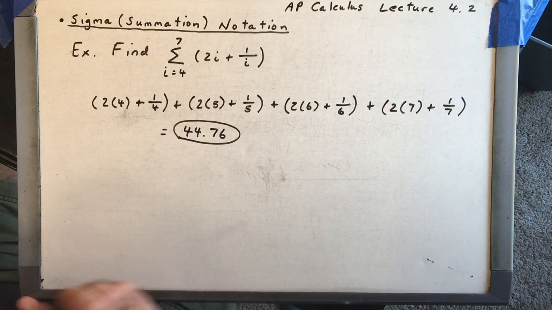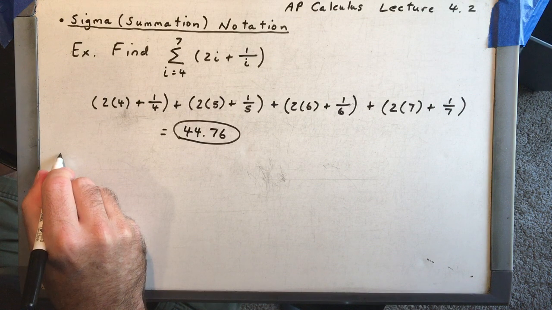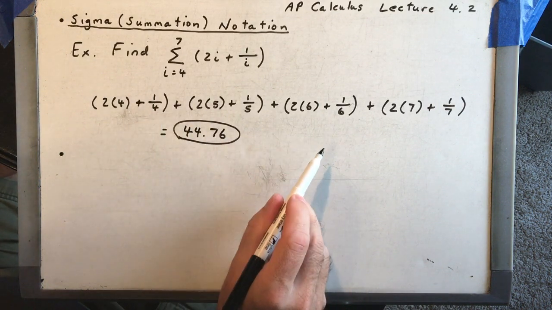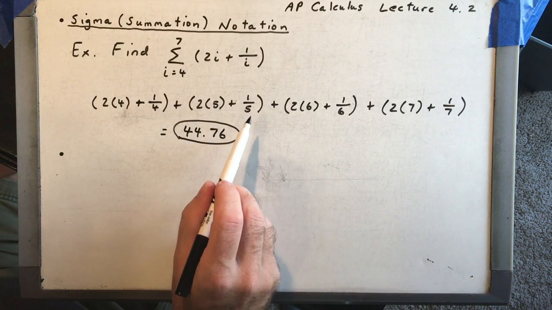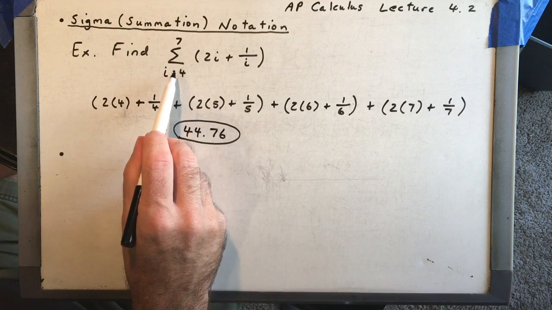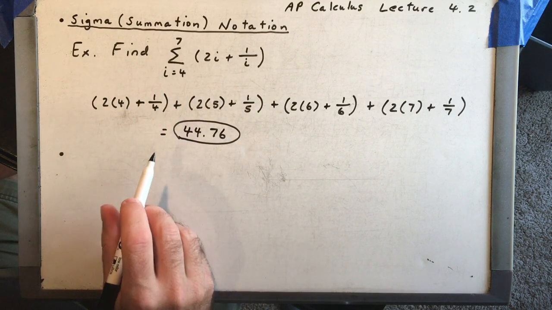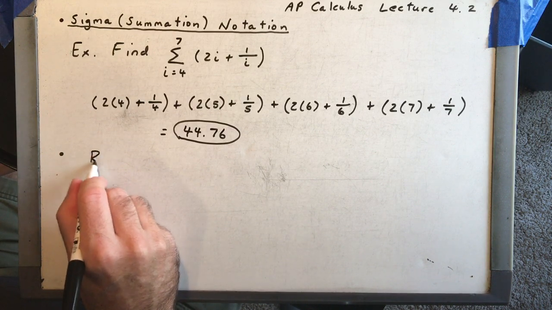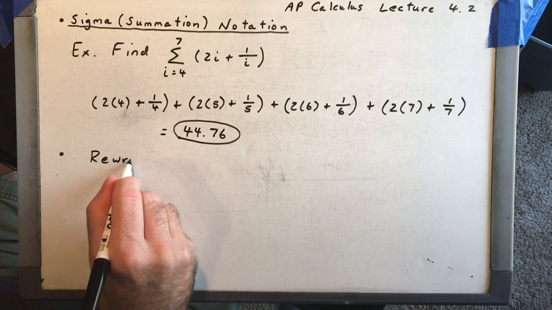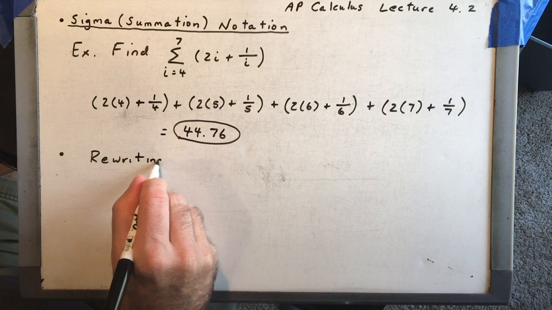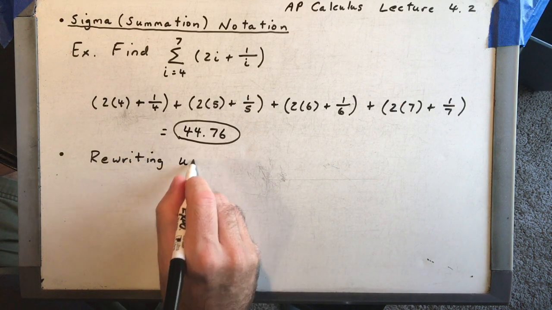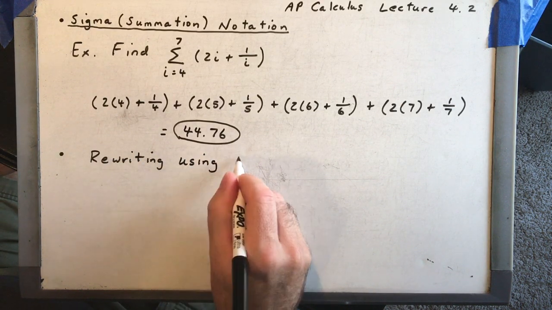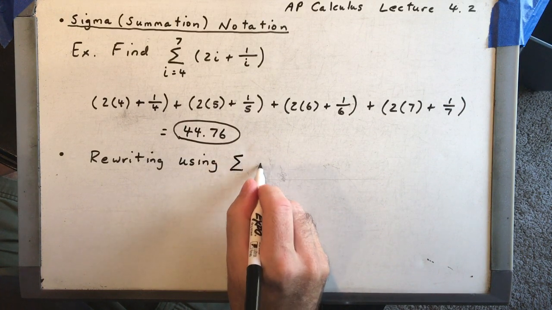All right, our next little section is, let's say you're given a list of numbers and you then need to work backwards and try to find the pattern and put it into sigma notation. So we'll call this rewriting using sigma notation.